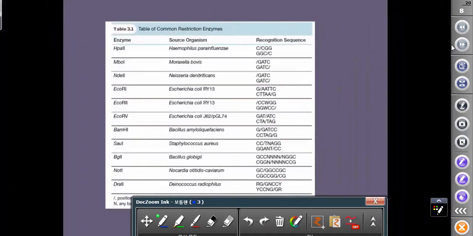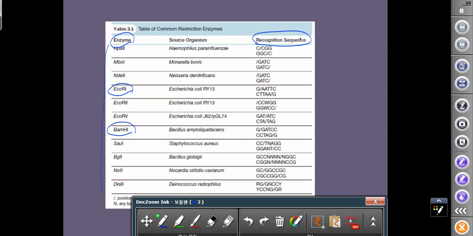Okay, now let's check some of those enzymes and the recognition sequence or site. You don't have to remember the names of these, but some of them appear quite often, like for example EcoR1 and BamH1. You will automatically just remember them.